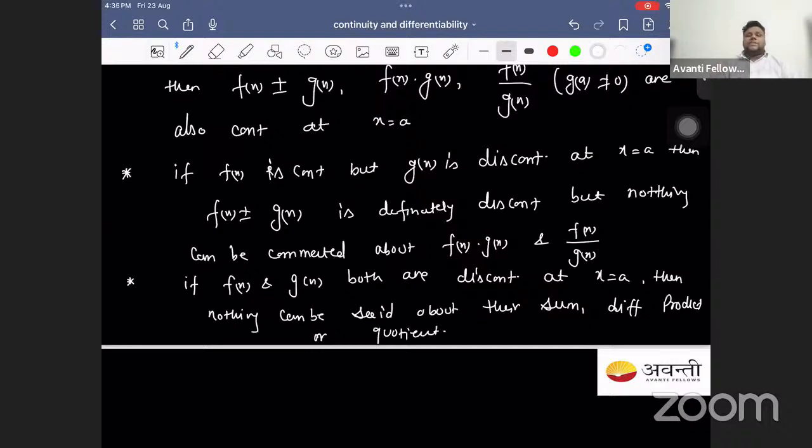If f(x) and g(x) both are discontinuous at x equal to a, then we cannot say anything about their sum, difference, product, or quotient. Got it?